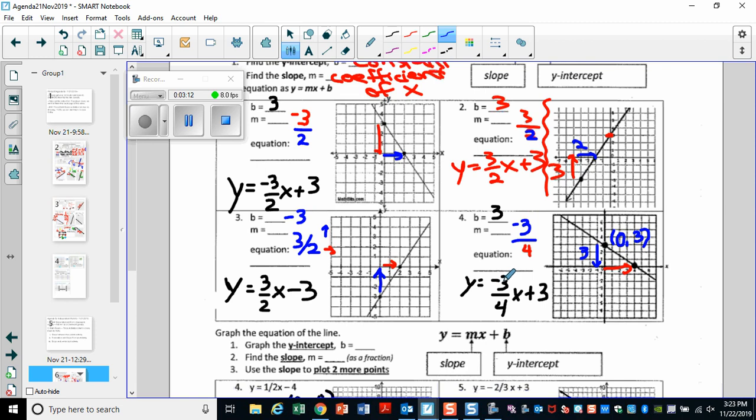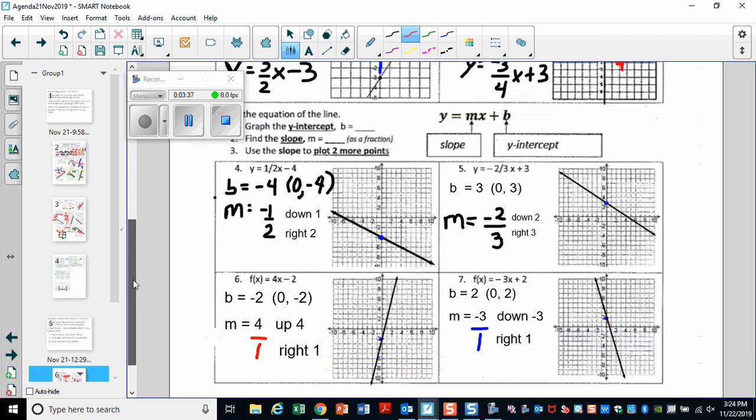So we get our slope of -3/4 because we went down 3, and then we went 4 to the right. And then to top it off, our y-intercept plus 3. That's how we can write our equation. Y equals -3/4x plus 3.